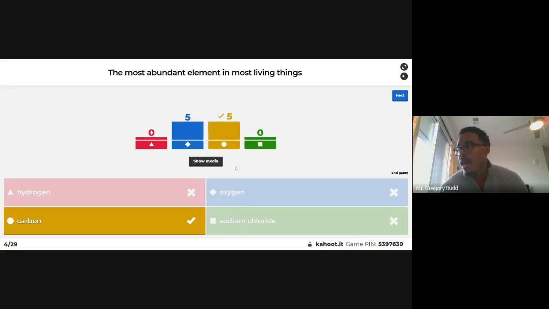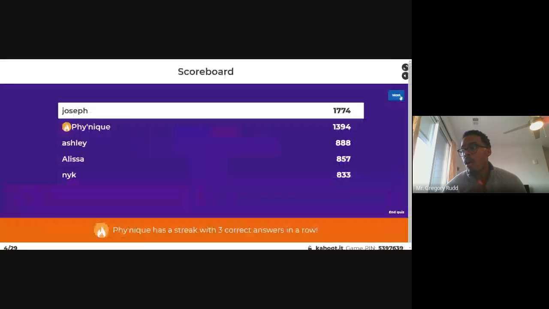So oxygen was also a good answer because oxygen is present in all four of the biological compounds, but carbon is what we would consider the organic element. It's what we rely on in all forms of life. Good job, Fanique. Keep moving up. Good job, Kyrie and Makarin.